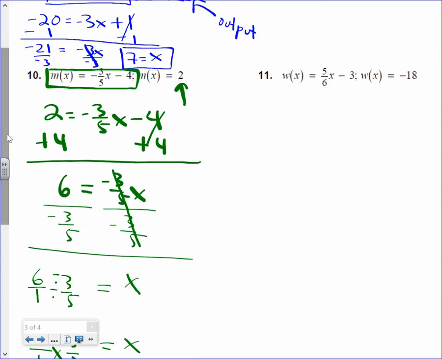Last one. Let's try that one. Here's our function. They gave me the output again as negative 18. Let's replace w of x with negative 18. Here we go. Negative 18 equals 5/6 x minus 3. We're rocking and rolling.